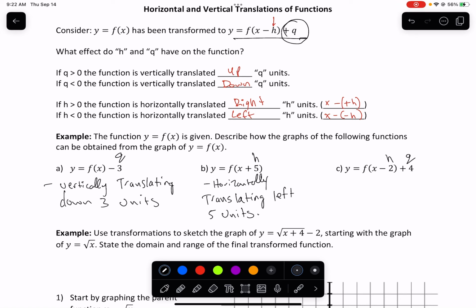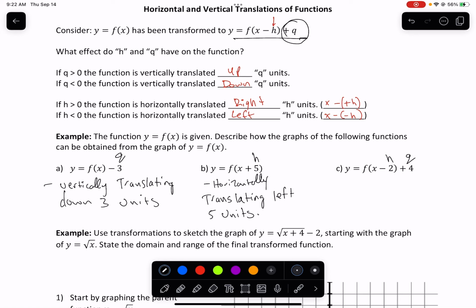Today we've looked at the reflections, vertical and horizontal, as well as horizontal and vertical translations. Tomorrow, we will look at vertical stretches and compressions, as well as the new one, horizontal stretches and compressions. You have not done those yet.